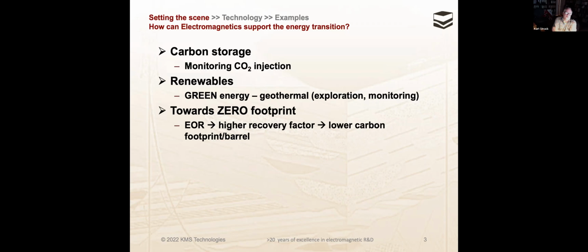Now, how do we go towards zero footprint in the oil industry? We will still be using oil for a long time to come. And the problem with oil reservoirs is that we don't take a lot of the oil out of the ground. So we actually have a fairly high carbon footprint in producing the oil.